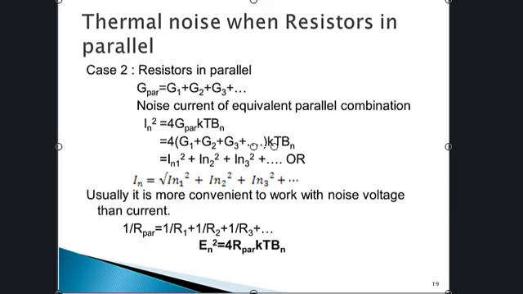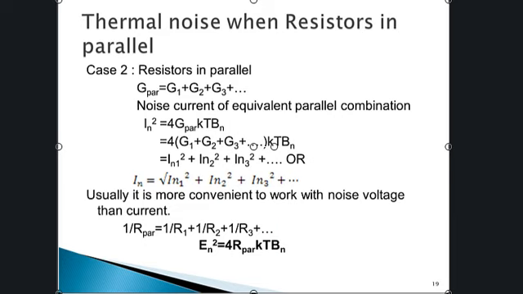Similarly, we can find the thermal noise when resistors are in parallel. Instead of resistance, we calculate conductance, which is represented as G. So G in parallel will be equal to G1 plus G2 plus G3 and so on. My dear friends, please remember over here, we first calculate the noise current of the equivalent parallel combination, that is In square, which is equal to 4GkTBn.